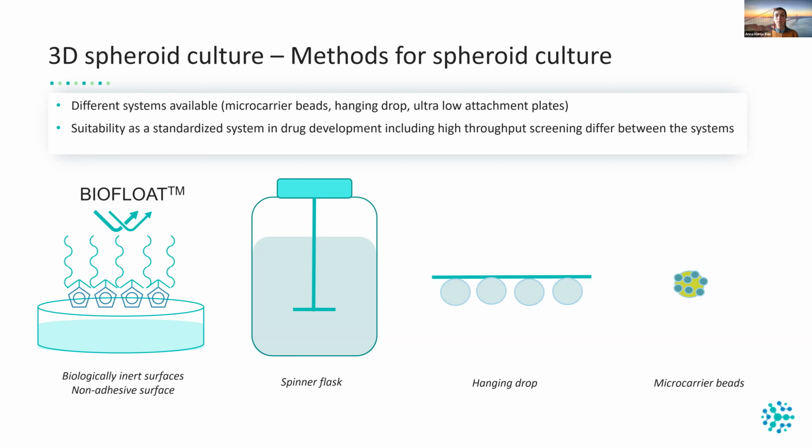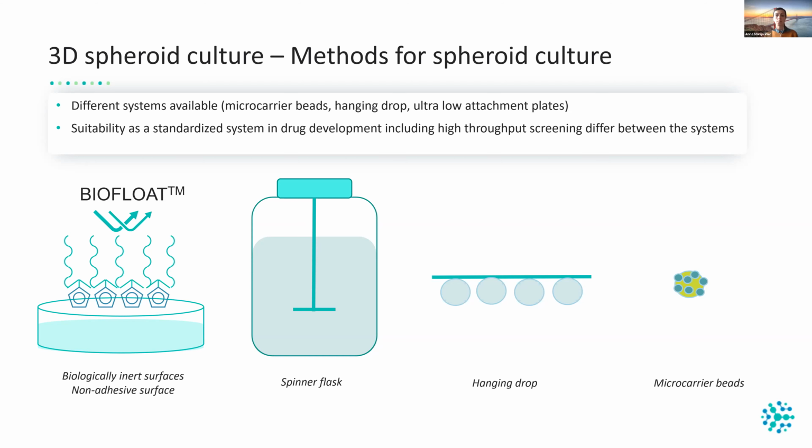Another method is the hanging drop method. In this method, the cells are seeded in small drops of medium, and in this medium, the cells form aggregates due to gravity forces. Another method is the cultivation with microcarrier beads.